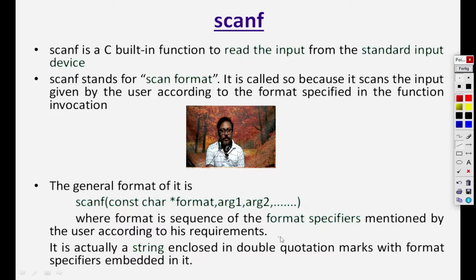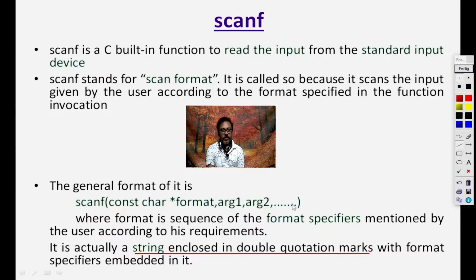So the format sequence will be specified. The format sequence is nothing but the different format specifiers, that is a string enclosed in double quotation marks, followed by arg1, arg2, etc. That means these are the values which you want to read, these are the names of the variables which you want to read.